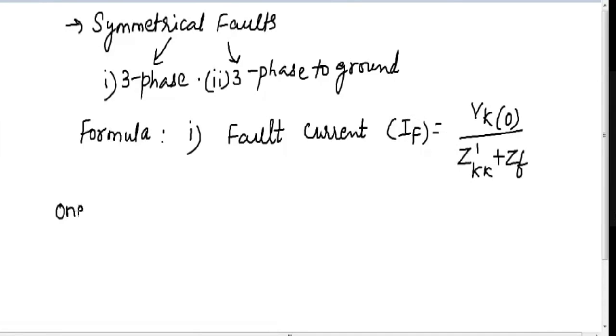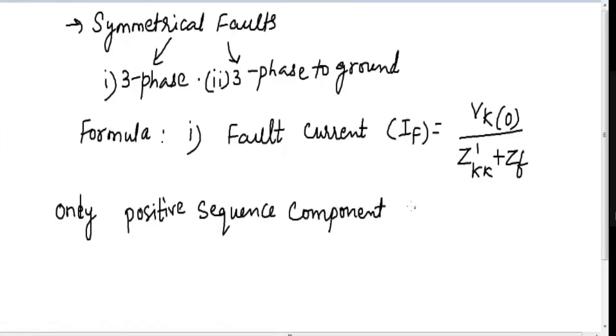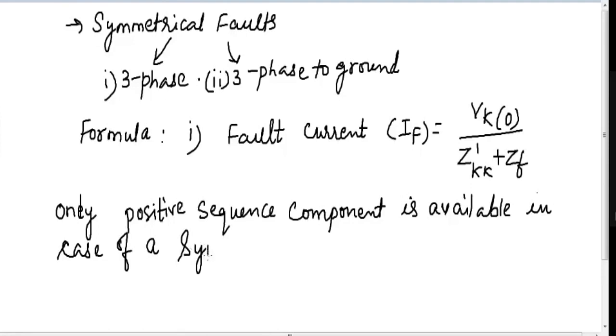only the positive sequence component is present in case of the symmetrical fault. So only the positive sequence component is available in case of a symmetrical fault. So this we have to remember.